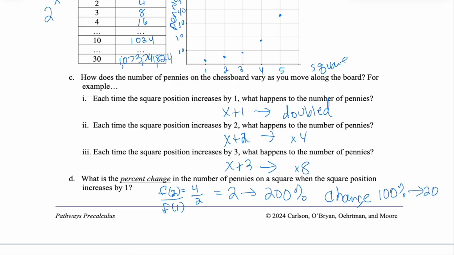We went up to 200%. So 200 minus 100 is a 100% change. Because when we double something, we had 100%, and we added on another 100%, if that makes sense. The change, it went up by 100%. So 100% of 8 is 8. We went up by 8. So 100% plus 100% is what gets us the 200%. I think that's a good way to put it, hopefully.